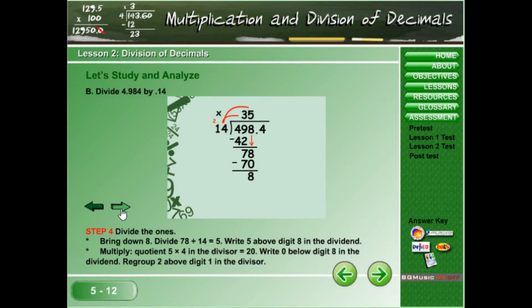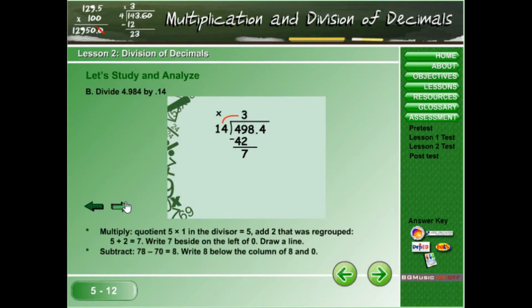Multiply. Quotient 5 times 4 in the divisor equals 20. Write 0 below digit 8 in the dividend. Regroup 2 above digit 1 in the divisor. Multiply.